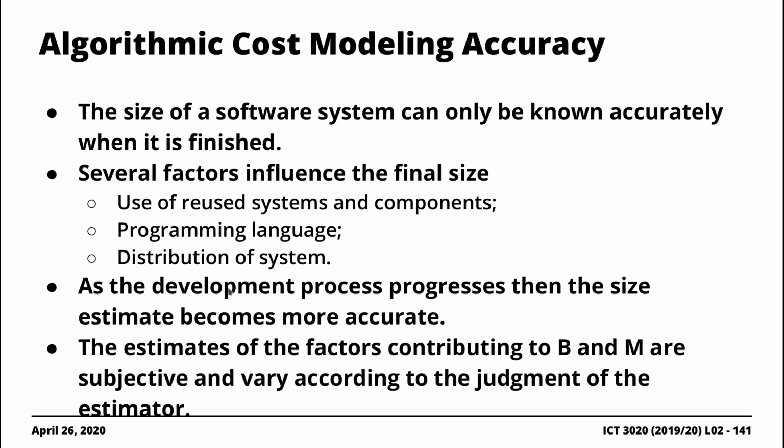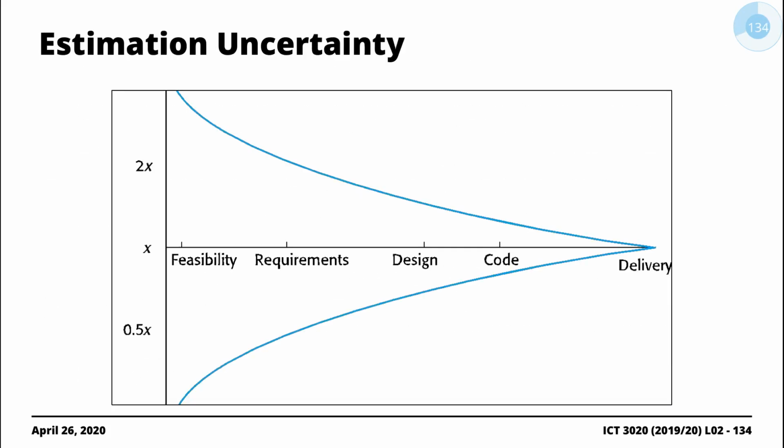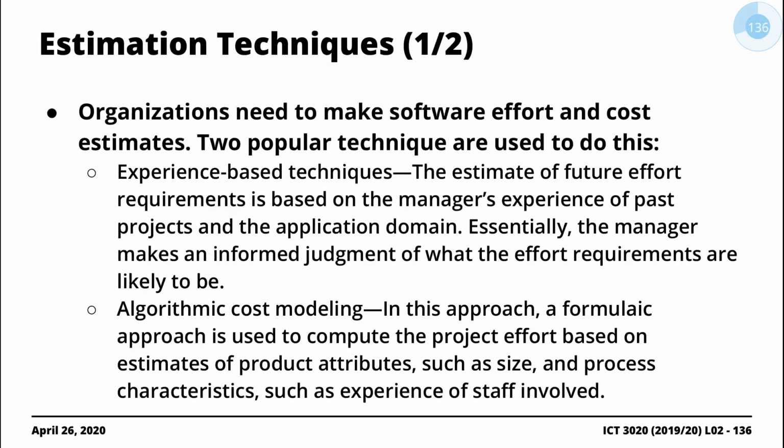And as the development process progresses, obviously, like we said, the approximation becomes more accurate, right? So this graph actually is applicable to all these different estimation techniques that we just discussed.